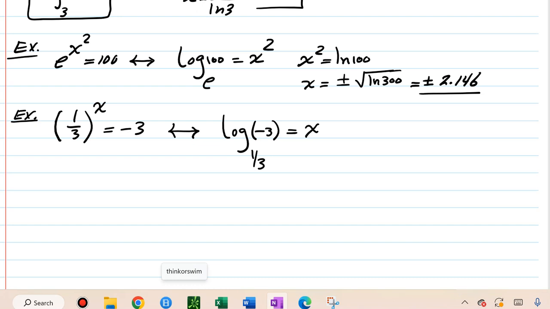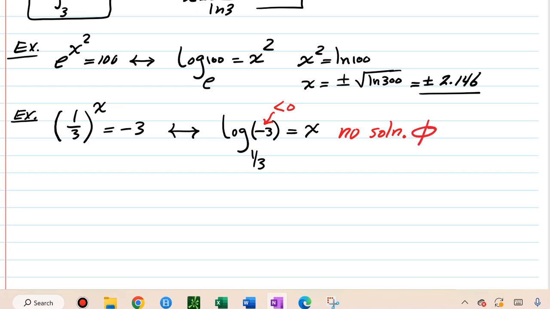And check this one out. The reason is that -3 in the argument of the log is less than 0, and we are not allowed to have negative numbers. The argument of the log has to be positive. Therefore, for this one, we're simply going to say no solution. It is not possible for this to happen.